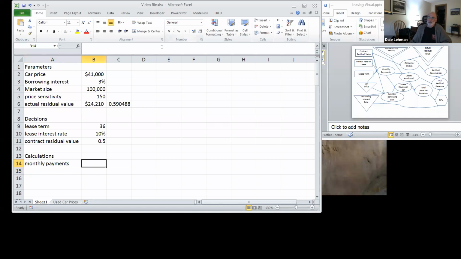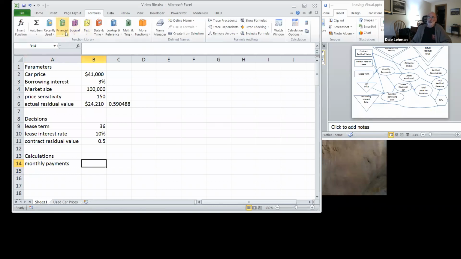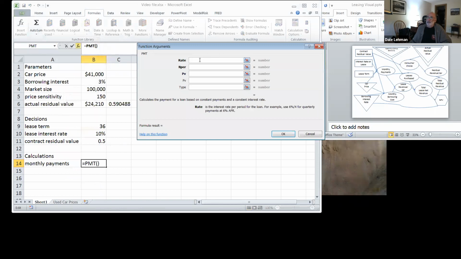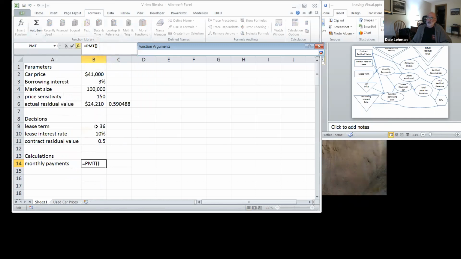Monthly payments is a financial calculation, and Excel has lots of formulas for doing this. Financial formulas, the payment function, PMT, is one to use here. And the interest rate, let's have a number of periods. 36 months.